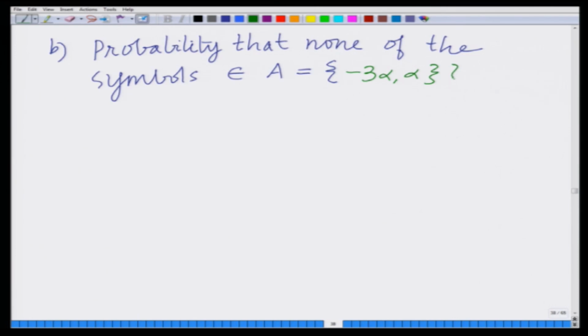Now we are asking the reverse question. First we have answered the question, what is the probability that all of the symbols belong to A. Now what is the probability that none of the symbols belong to A, and this answer is also fairly straightforward.